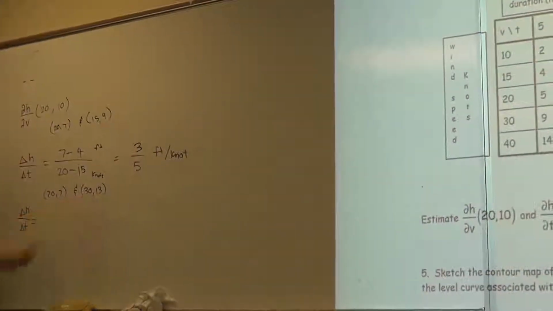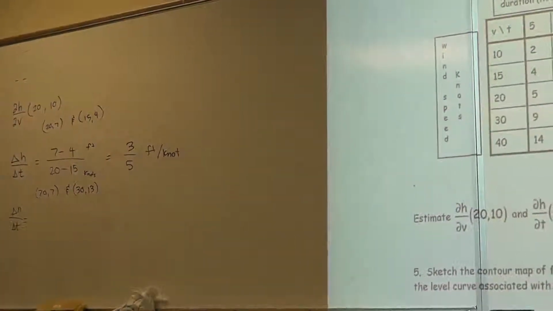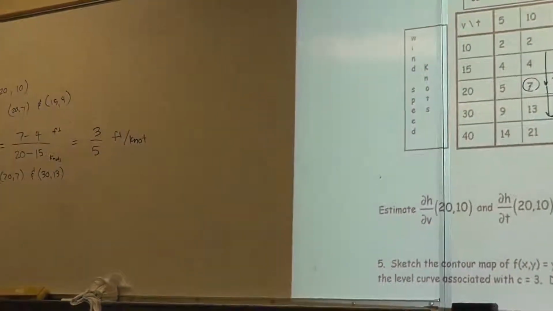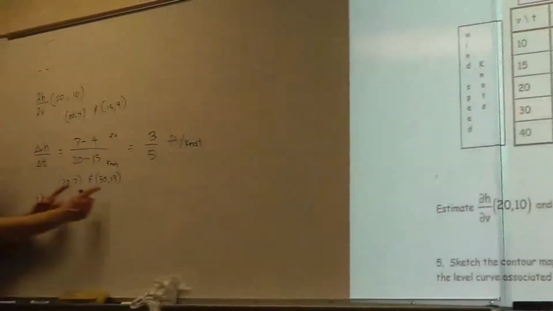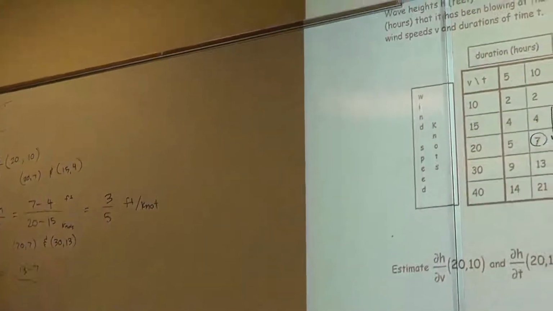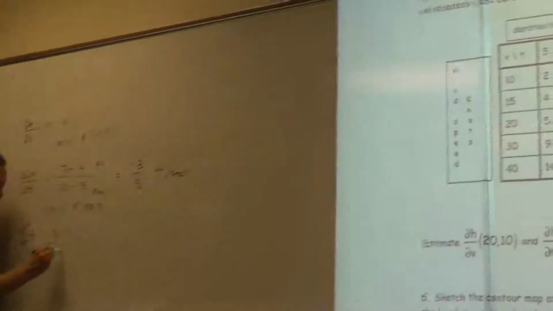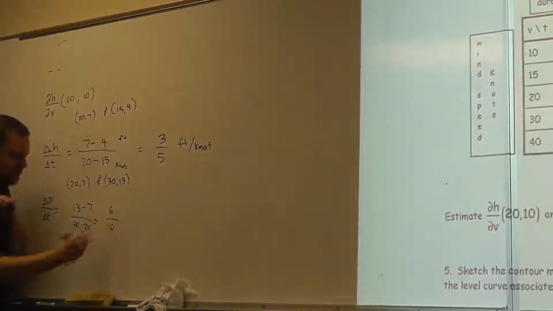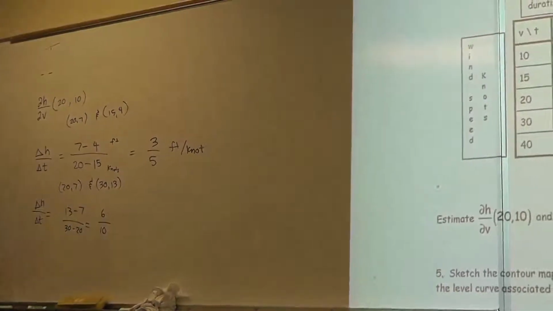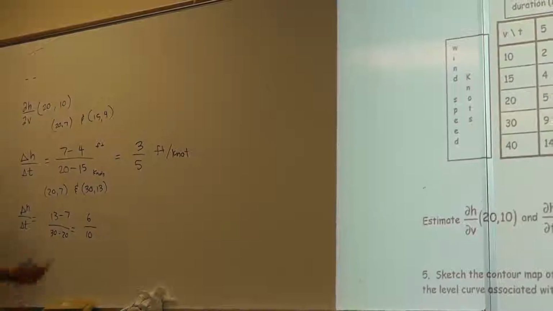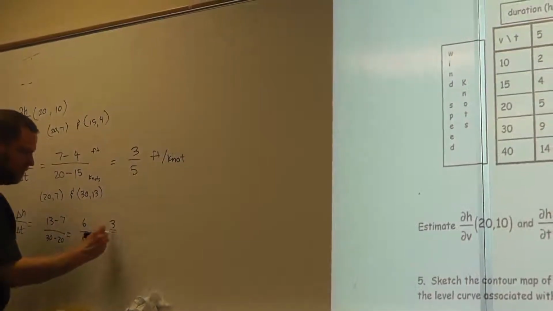Because 30 knots produces, well, at that constant time value, 30 knot wind speed produces 13 foot crests. Okay, so then the change in height, 13 minus 7, over corresponding change in wind speed, 30 minus 20, in this case is 6 over 10, or, well, is it also 3/5? Is that 6 over 10? Okay, 3/5. Makes it pretty easy.